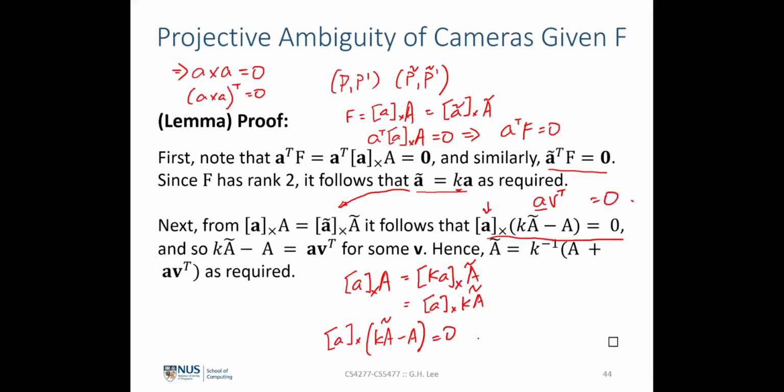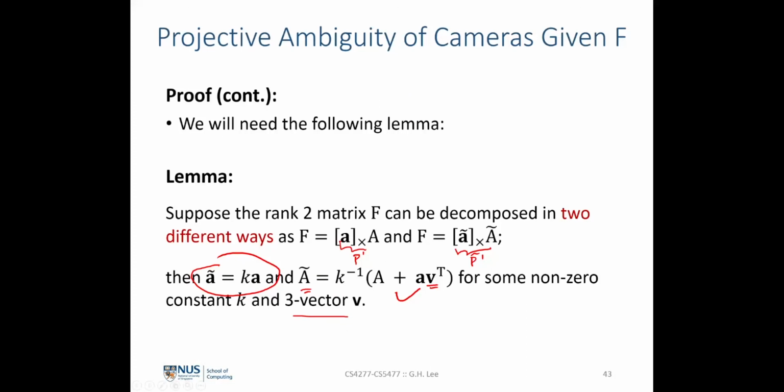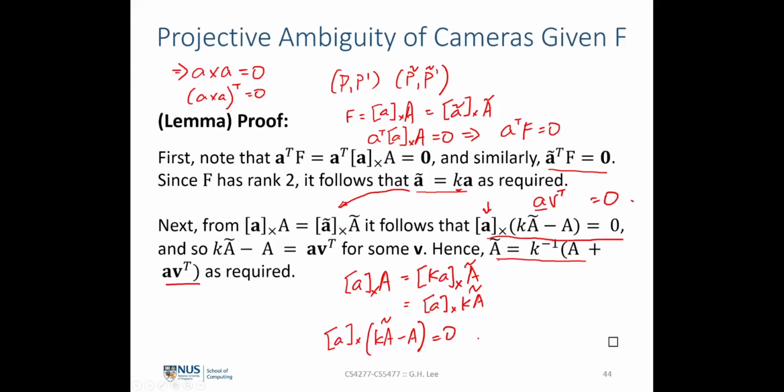Hence, we can conclude that k of a tilde minus a can be rewritten as a multiplied by the transpose of an arbitrary vector that we denote as v. By rewriting this equation to make a tilde the subject, we get this equation, which is exactly what we have defined earlier on. Hence, this completes the proof for the lemma.